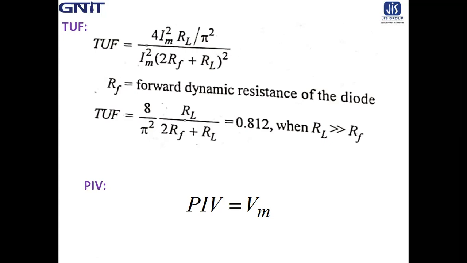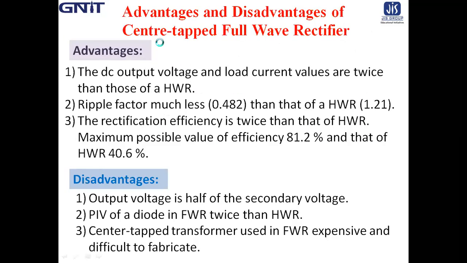Now, one very important question, that advantage and disadvantages of center tap full wave rectifier with half wave rectifier. This is very important question. Advantages, first discuss about the advantages of center tap full wave rectifier with half wave rectifier.